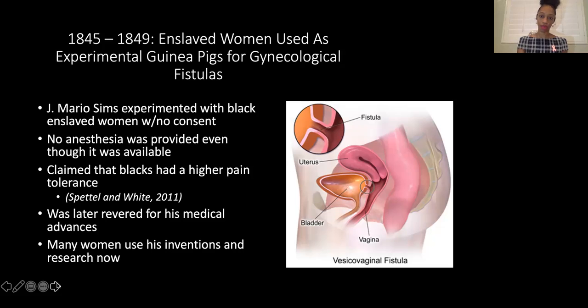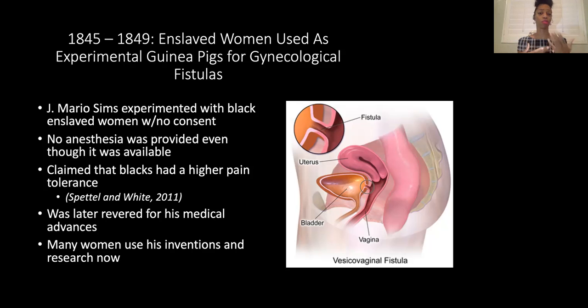Keeping in mind, as we look at the photo over here, that a vaginal fistula, and there are also several different types that can oftentimes come from childbirth, is a hole from necrotic tissue that is formed as a result of childbirth or maybe a congenital defect, and it starts to leak urine. Sometimes if it's closer to the anal cavity, it can leak fecal matter through the vaginal canal.